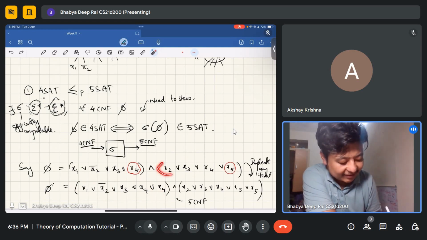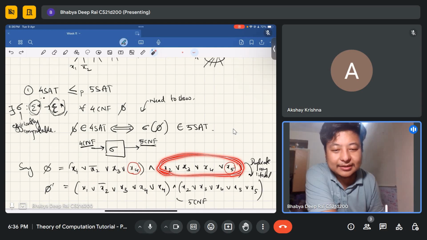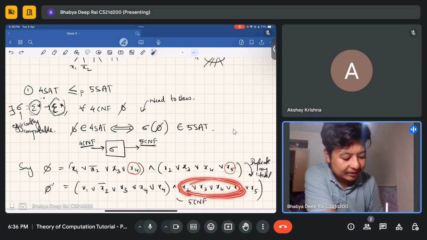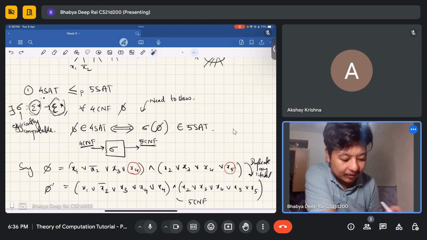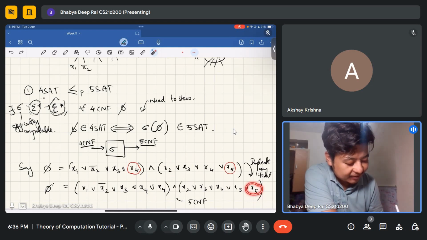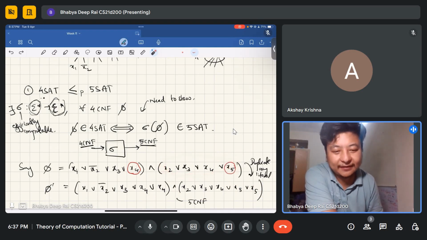Similarly, let's say this clause is not satisfiable. This would mean that this chunk is also not satisfiable. Now we argue that x5 also needs to be 0. Why? Because if x5 was assigned a 1, then this x5 would also be a 1, and therefore this chunk would evaluate to 1, and therefore this clause would have been satisfiable.